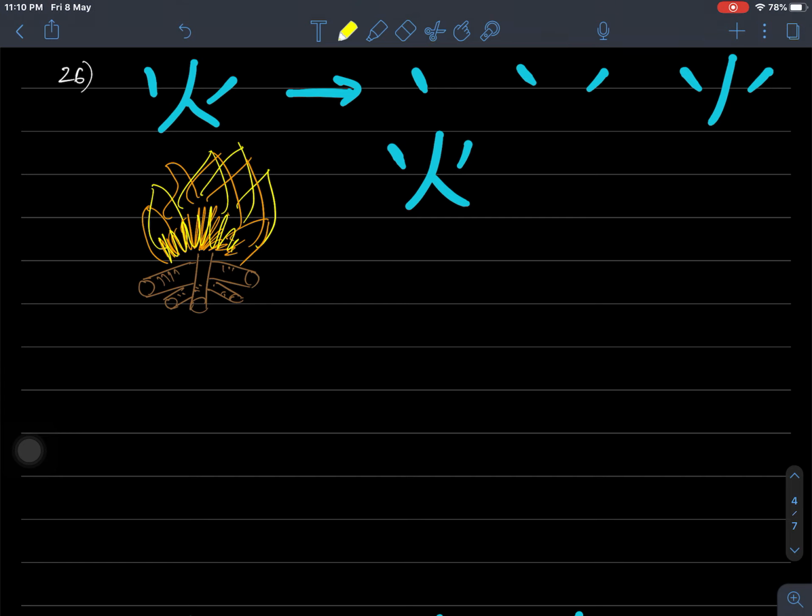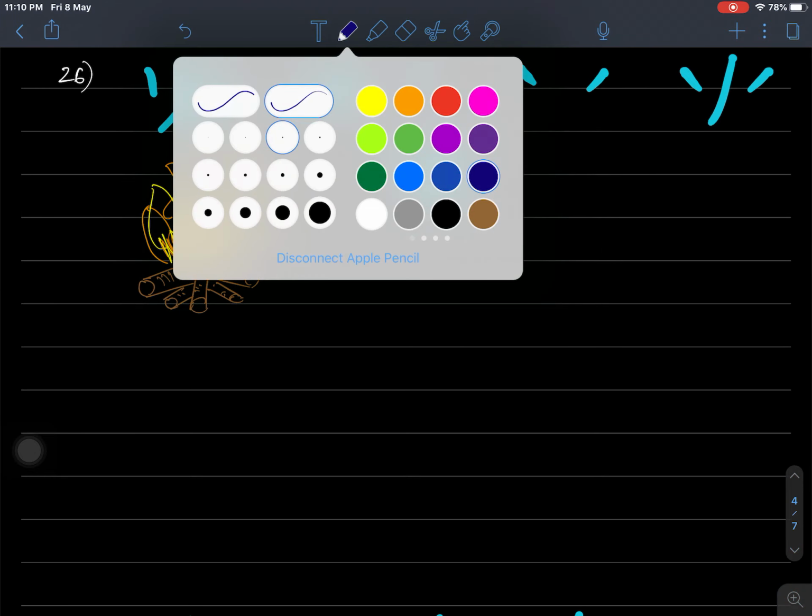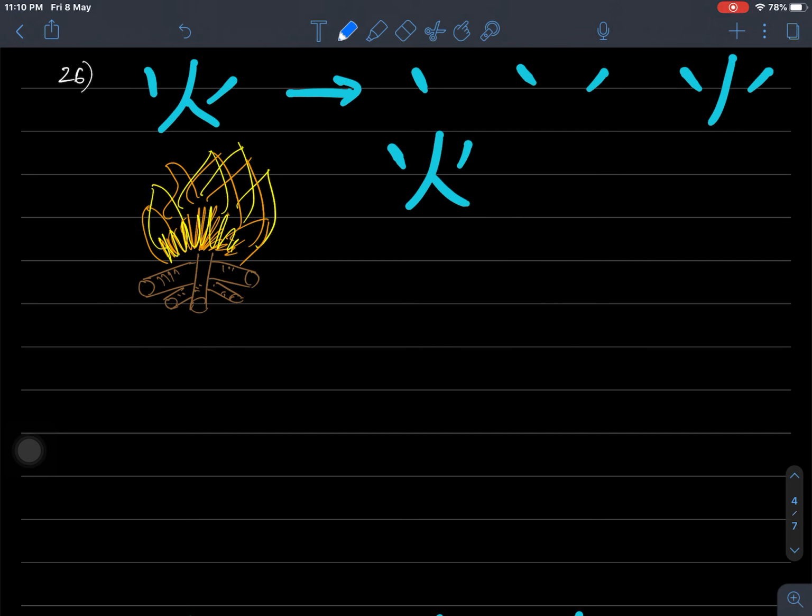So if you look at this, I will draw the kanji with a contrasting color. I will use this blue, and I will use a slightly thicker brush to show you the strokes.